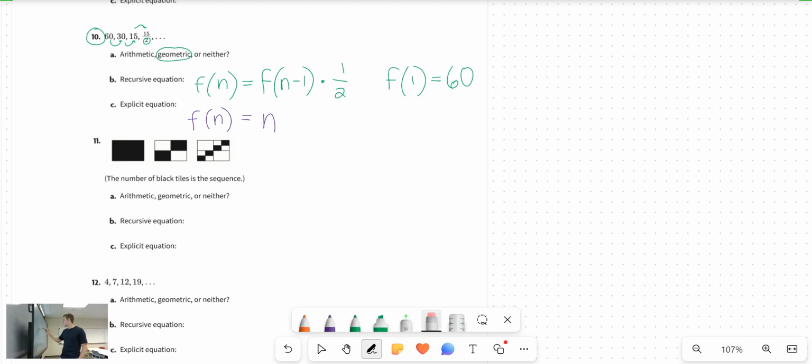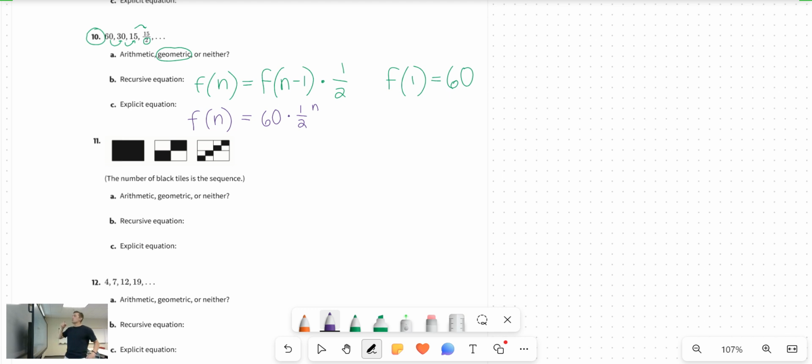Nope, not take n. What am I talking about? We are going to take 60, right? 60 is our starting point. And we're going to multiply it by 1/2 to the n.